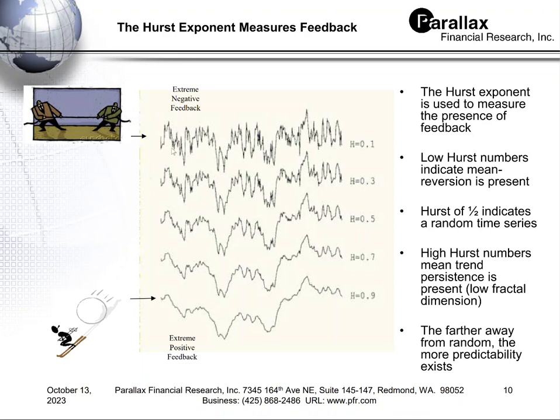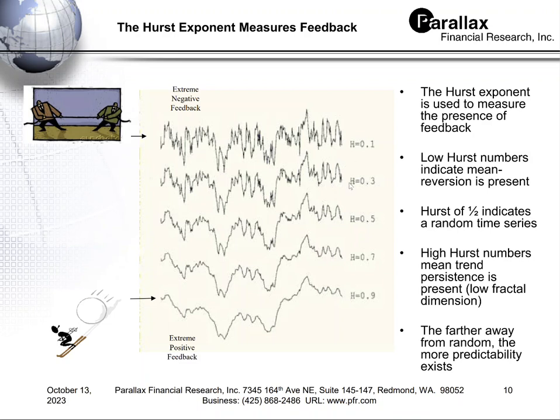Mean reversion means that the market is running back to the average way more than it should if it was just moving randomly. So a very small Hurst number looks like a very, very jagged chart that moves sideways with a tendency to always come back to the average number, the mean.